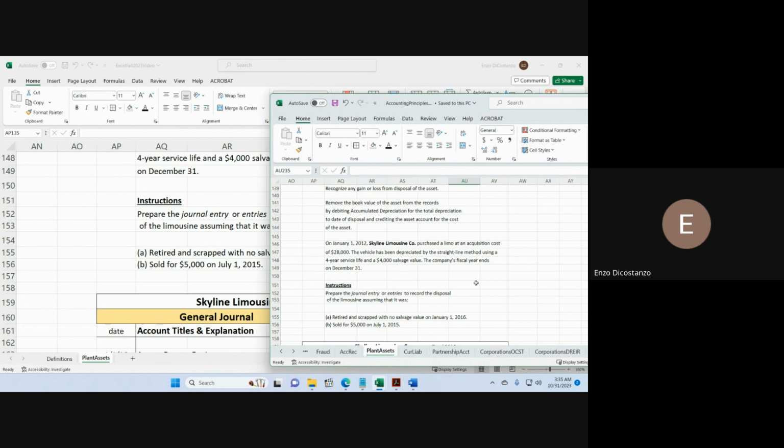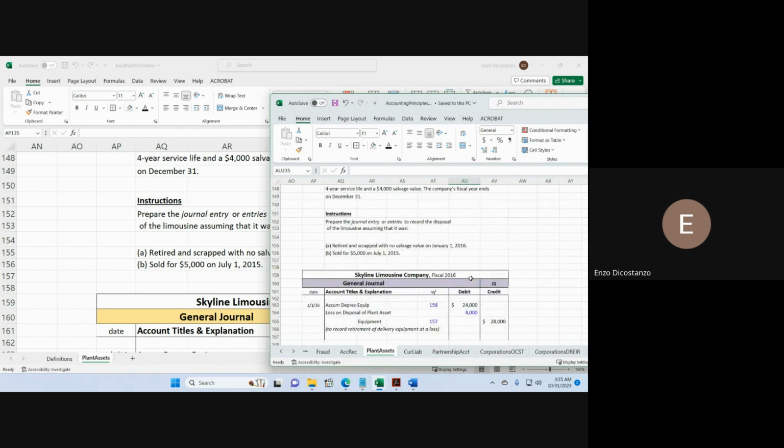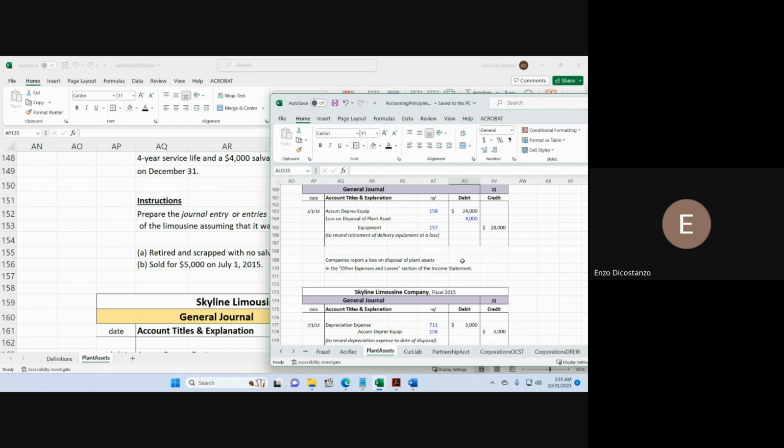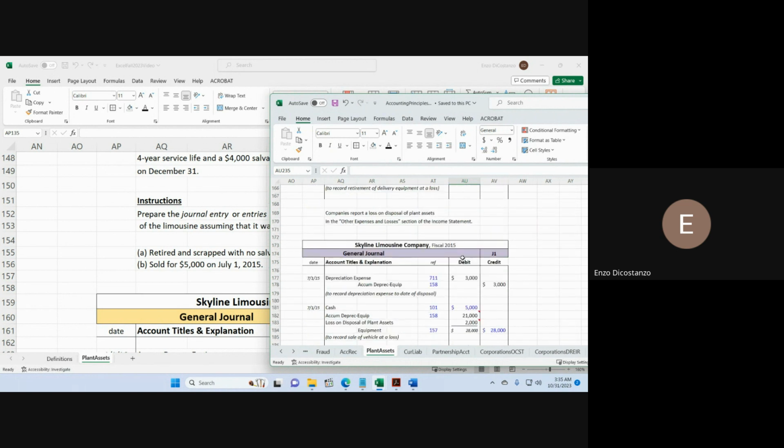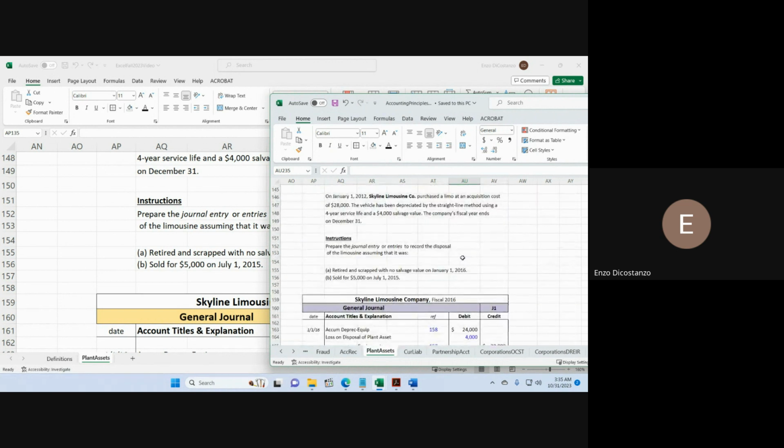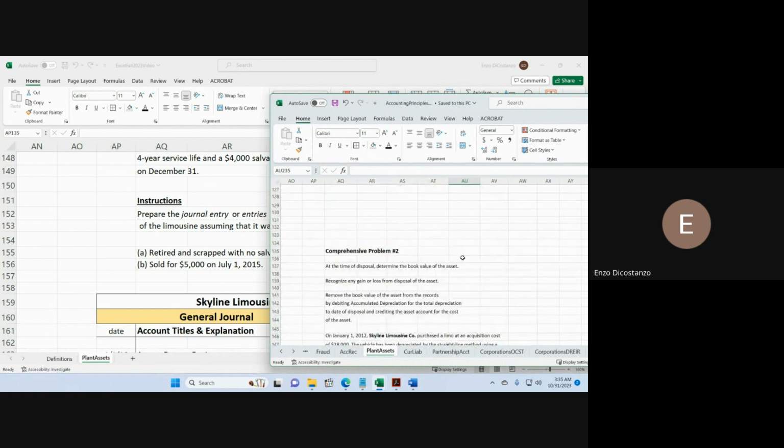And this was retired with no salvage in 2016. And then it was sold for 5,000. Other expenses and losses. So 3 for the year.